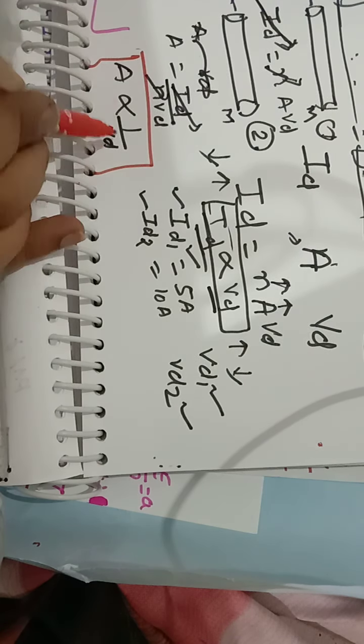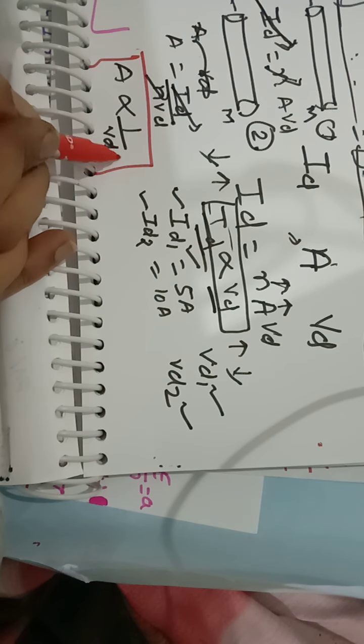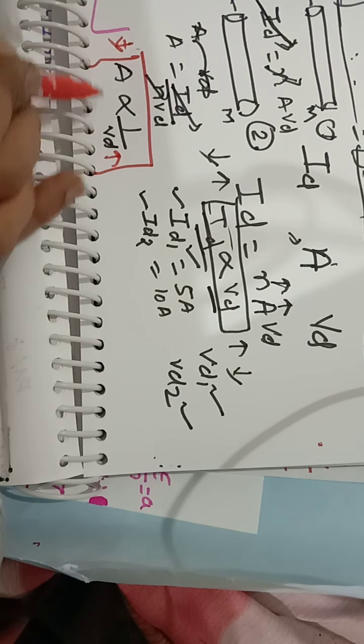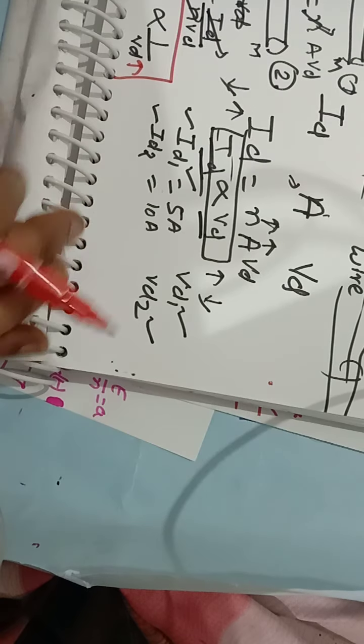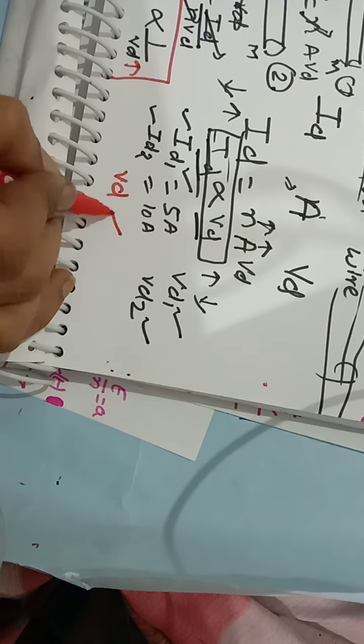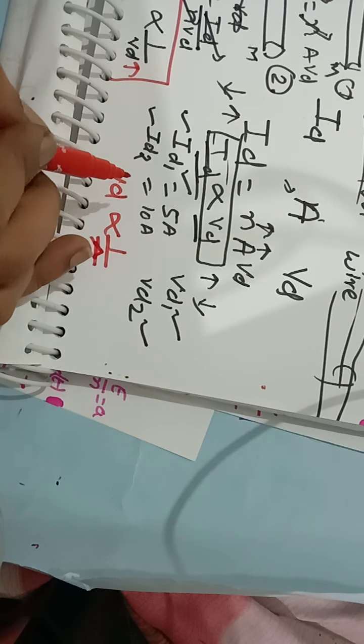If VD increases, A decreases, or conversely, VD is inversely proportional to A. This equation makes more sense, because VD is actually an unknown quantity, while area is generally a known quantity. So if there are two wires of different cross section, where the cross section area is more, VD will be less, and where the cross section area is less, VD will be more.